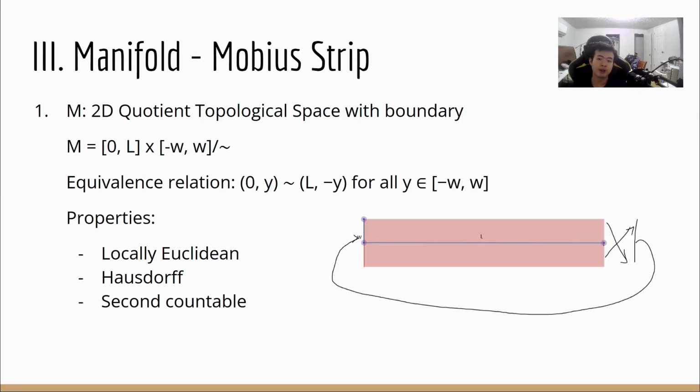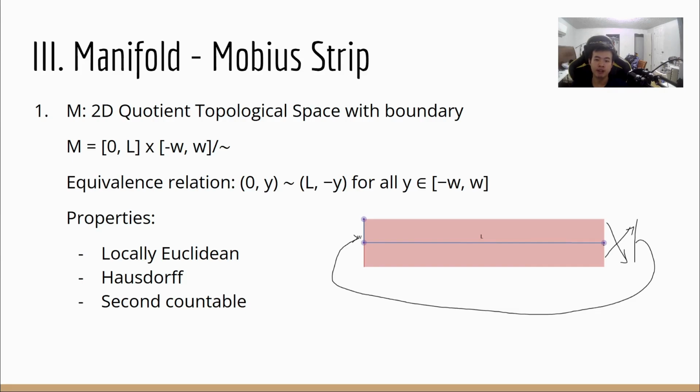So let's take a look at the topological space M of the Mobius strip. In order to describe the Mobius strip in 2D properly, we need a concept called the quotient topological space. The quotient topological space is a space where one point or one section can teleport to another part of the space. In the case of our Mobius strip, it's like gluing or connecting parts of the space together.